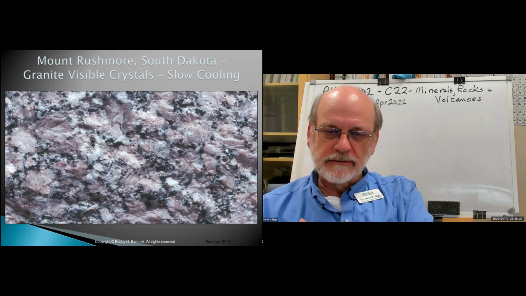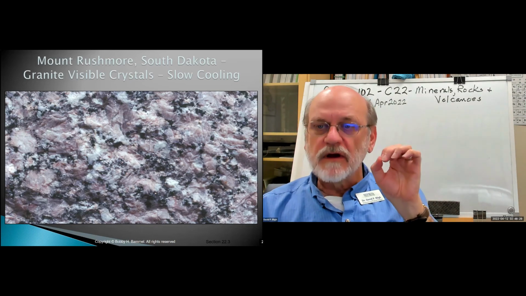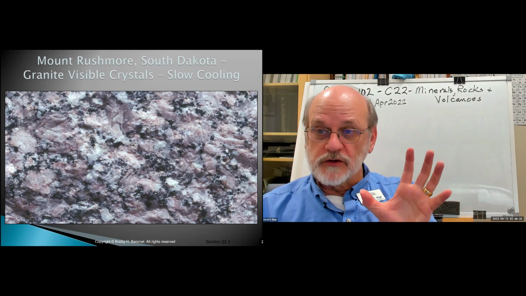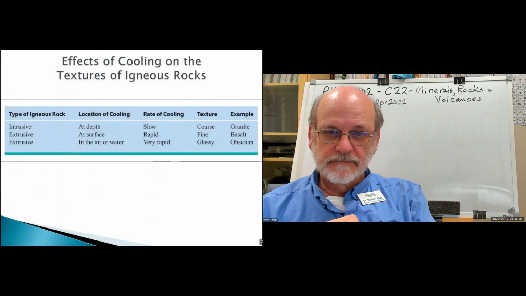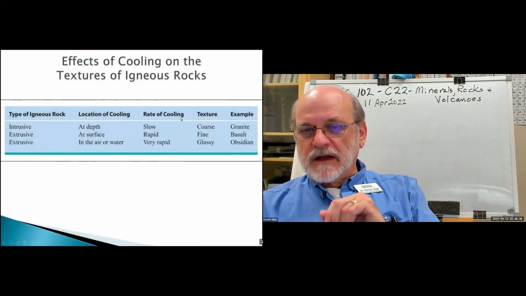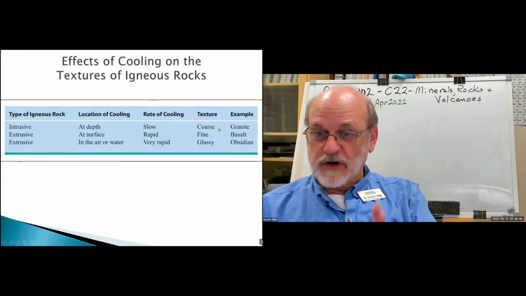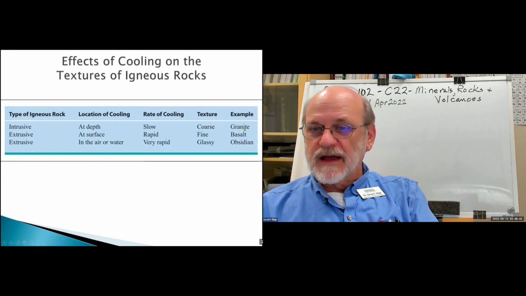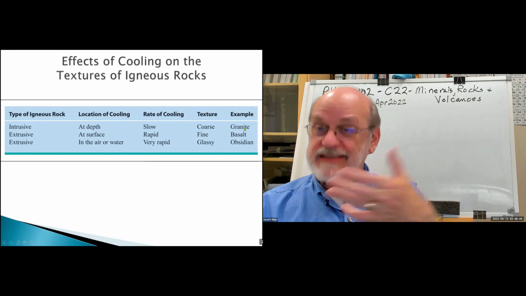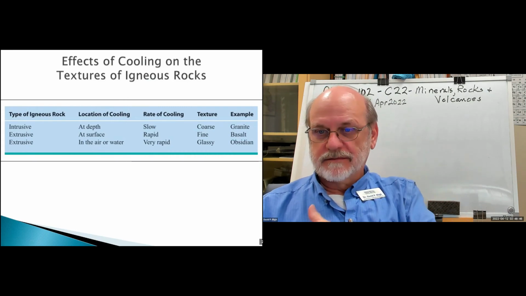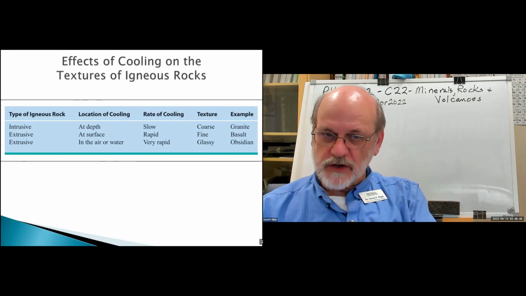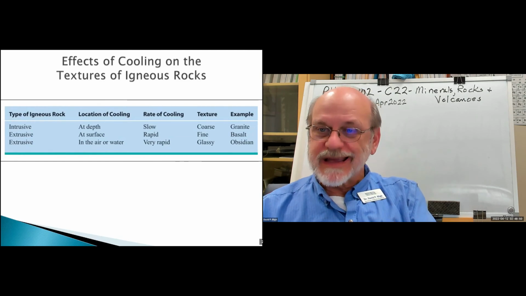I misspoke earlier. Not small grains, large grains when you cool slowly. So the texture would look coarse with very large grains. And we typically, example is granite. Granite forms underneath the earth. It's intrusive igneous rock.